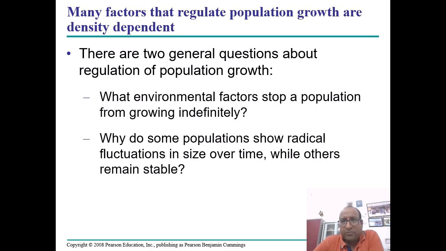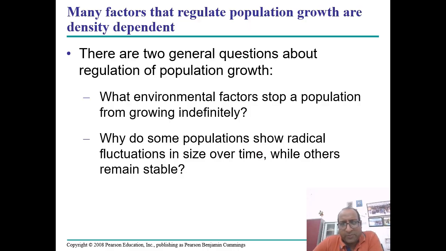Many factors regulate both population growth as well as decline. We have two general questions about regulation of population growth. What environmental factors stop the population from growing indefinitely? What we see in nature is that every population has a high reproductive rate, or a slow reproductive rate, but they are constantly reproducing.